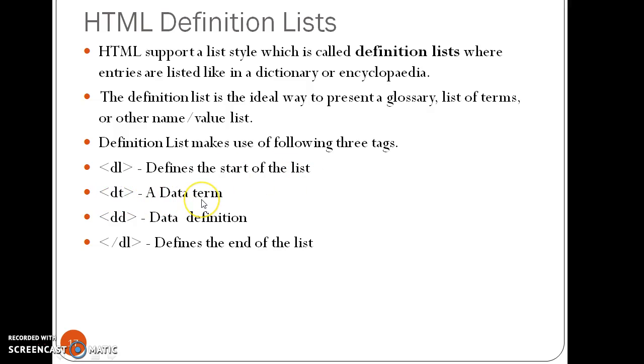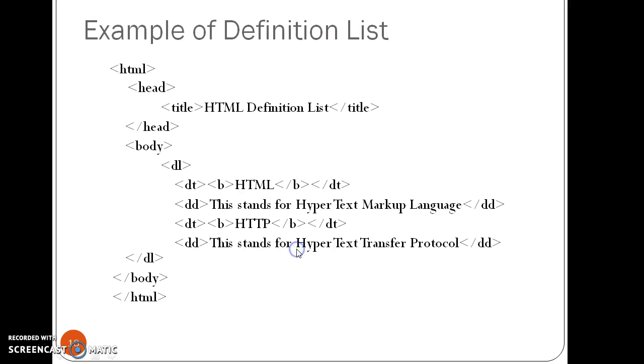DT means data term, the term you are defining. That term you have to specify here. DD means data definition. The definition of the term can be specified by using this DD tag. And you end the definition list with the ending tag of the definition list, which defines the end of the list.